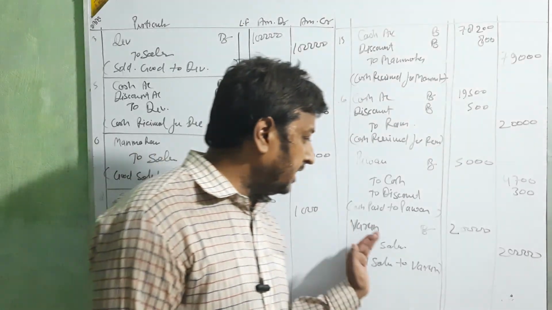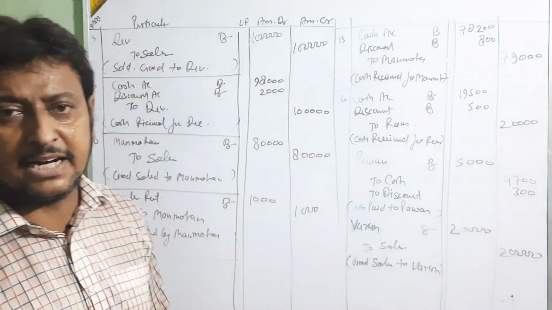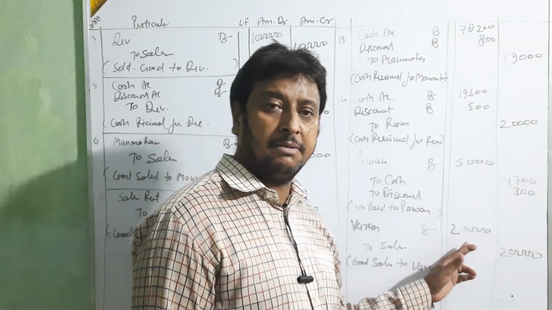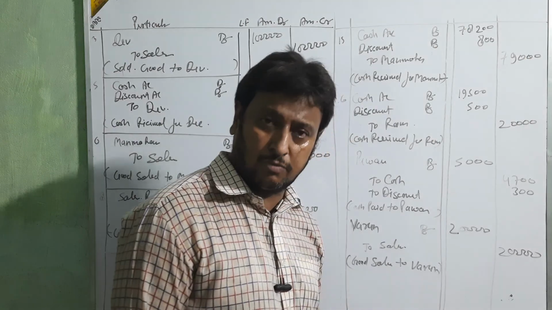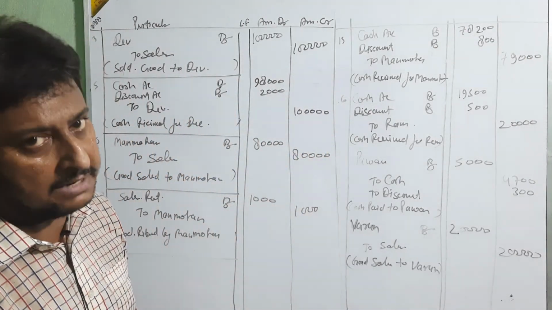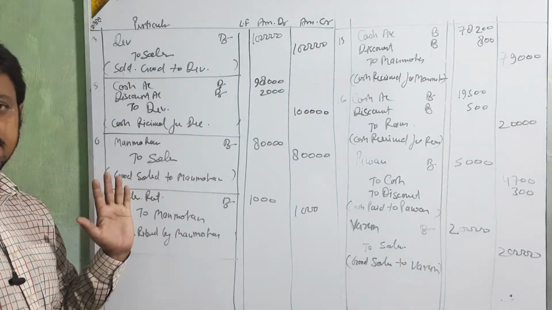We are going to less the trade discount only from the main amount, which is 25,000, less 5,000, that is 20% of 25,000. Now everything is clear, I think.